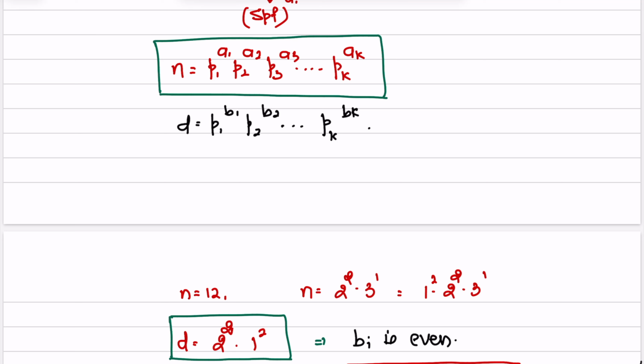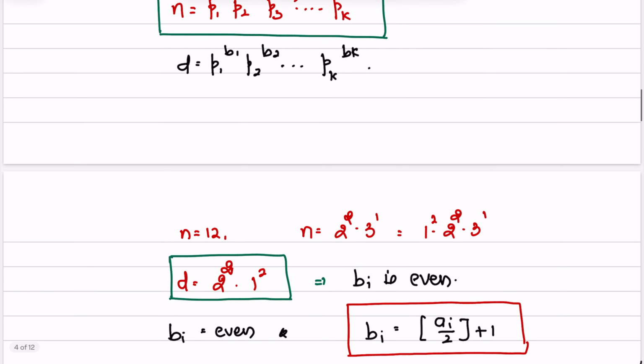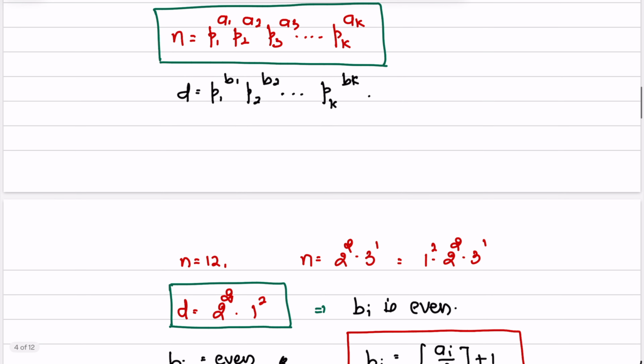The number of exponents in n, when it is written commonly, will be more than the number of exponents in D. N is a number, it's not a perfect square. But D is a divisor, which is a perfect square.